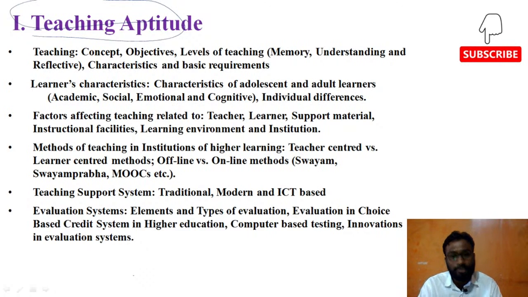What will be the characteristics of adolescents from the learning perspective, and what will be the characteristics of adult learners? There will be a slight difference between the two, and automatically your perception and your action towards them should be completely different.